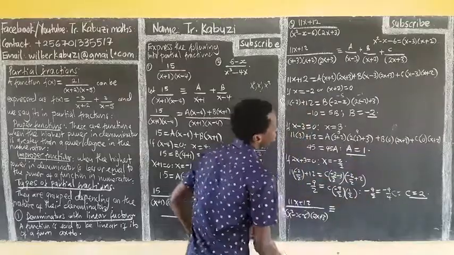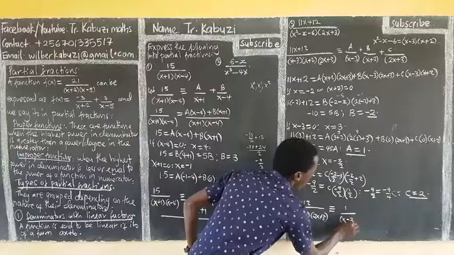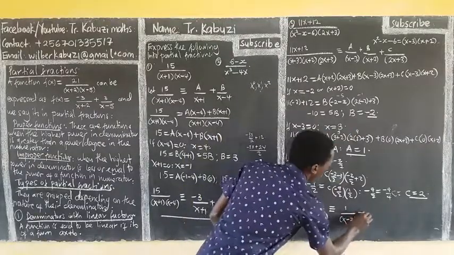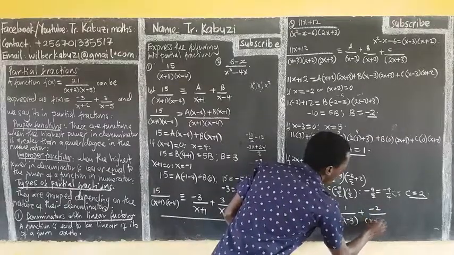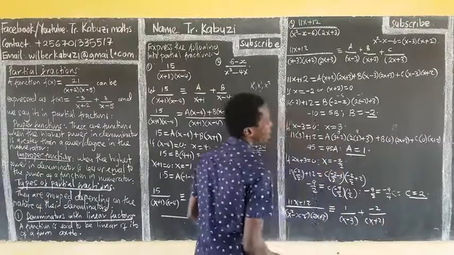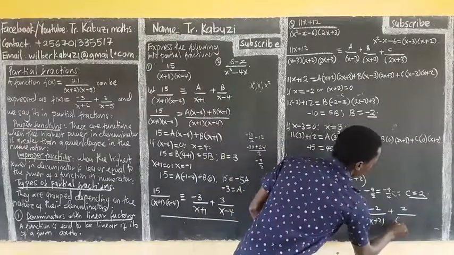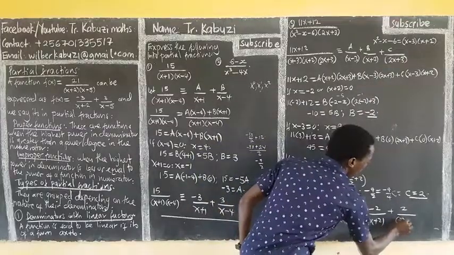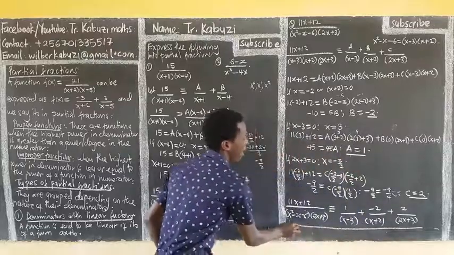Our a is 1, so we have 1 over x minus 3 plus b. Our b is negative, so plus negative 2 over x plus 2. Then plus our c, which is 2, the whole over 2x plus 3, and that's what we have there.